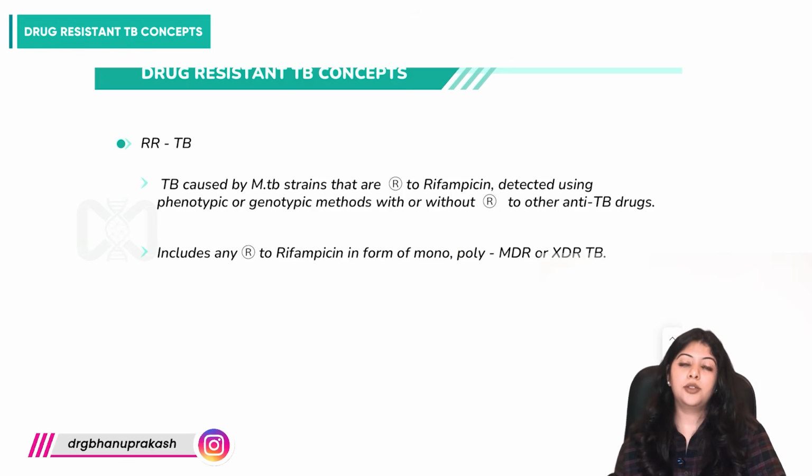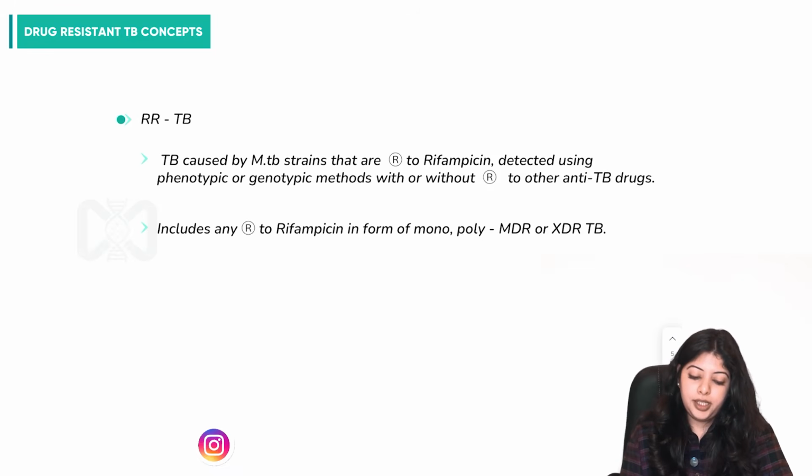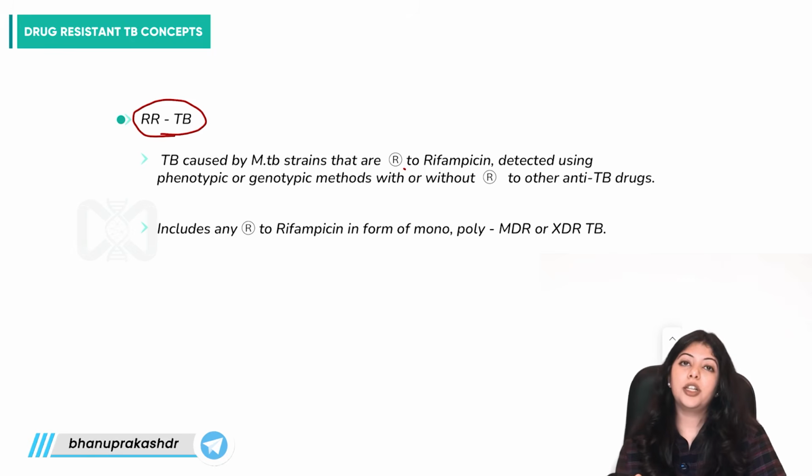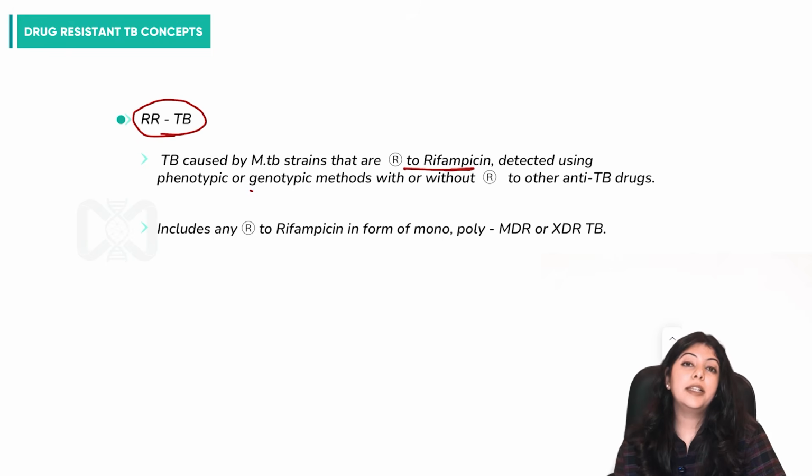ATTs, right? So now talking about the last definition, which is rifampicin resistance. This definition includes TB caused by MTB strains which are resistant to rifampicin. And what methods do we really use for detecting the resistance?